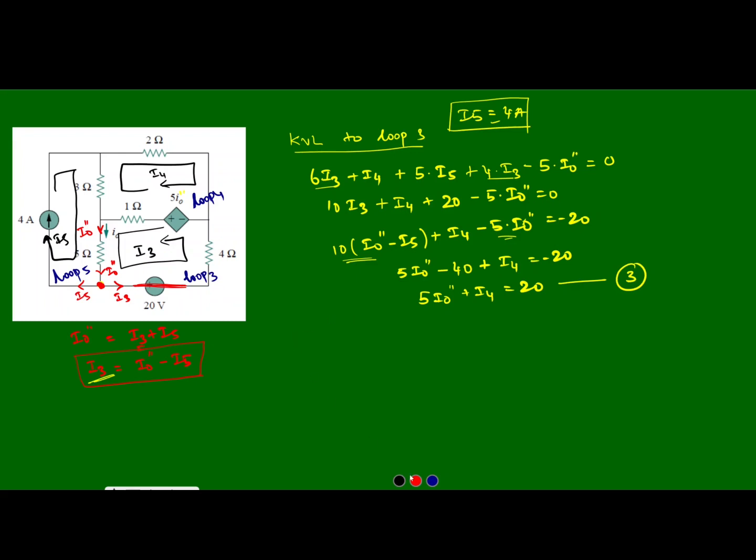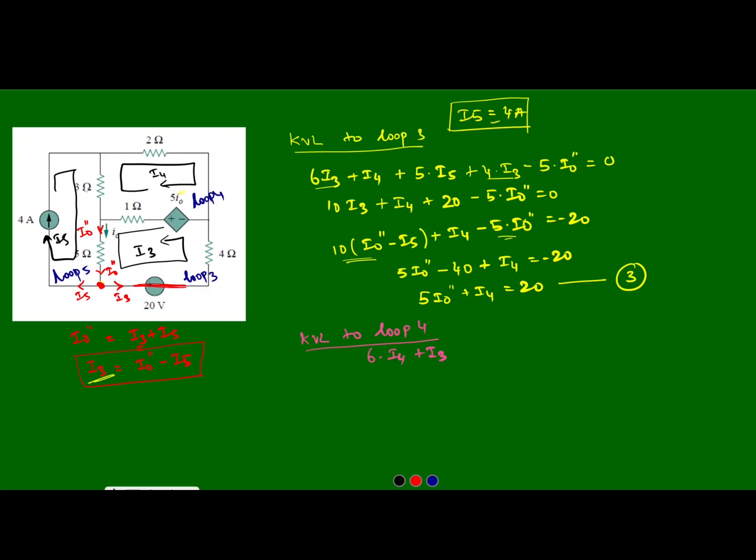Next we need to apply KVL to loop 4. When we apply KVL to loop 4, we can see the 1 ohm resistor, 3 ohm resistor and 2 ohm resistor are all connected in series. So we can write 6 into I4, and the effect of I3 on the 1 ohm is in the same direction as the current I4, so we can write plus I3.